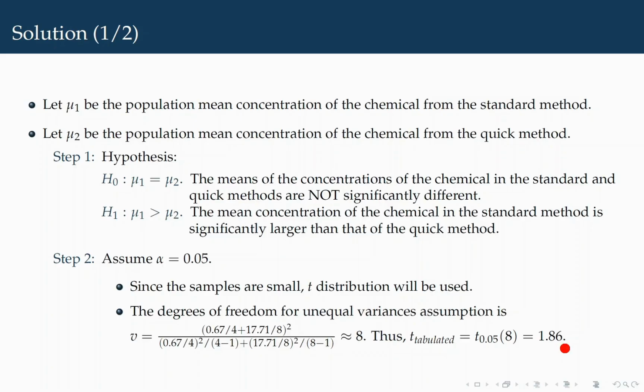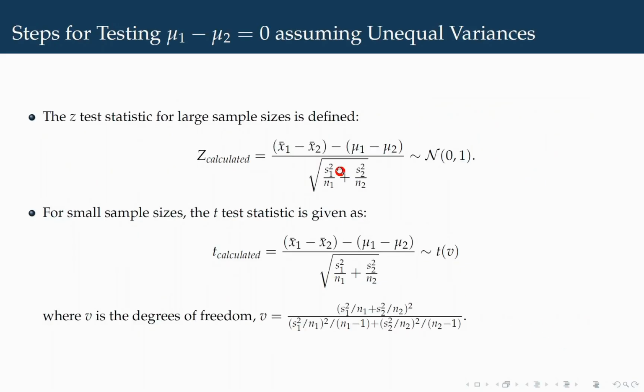Next, we need to obtain the value of the test statistic. We need the mean of the first group, the standard method, and the mean of the quick method, and the variance of the standard method and the variance of the quick method.